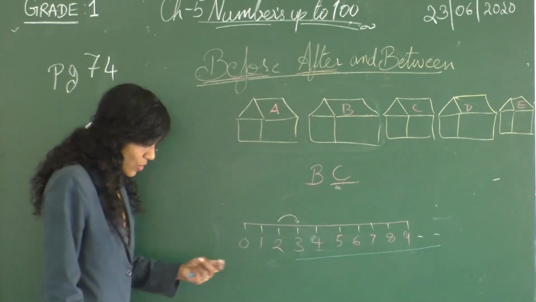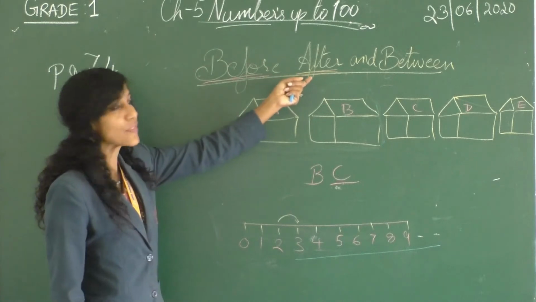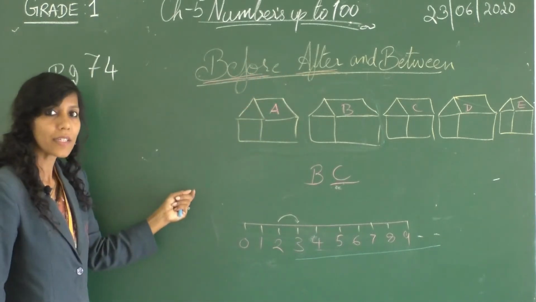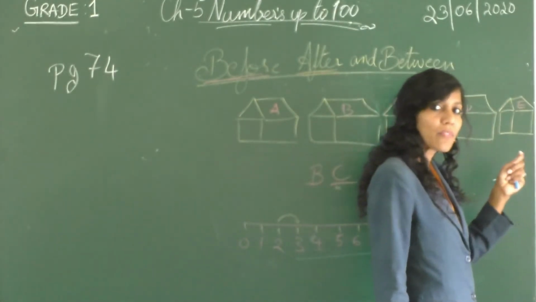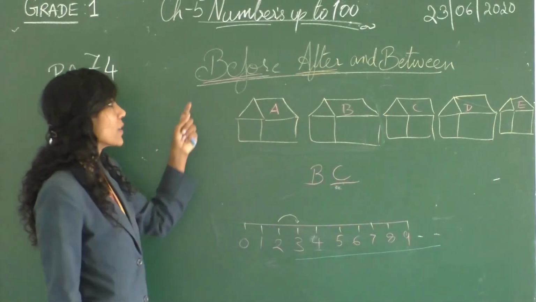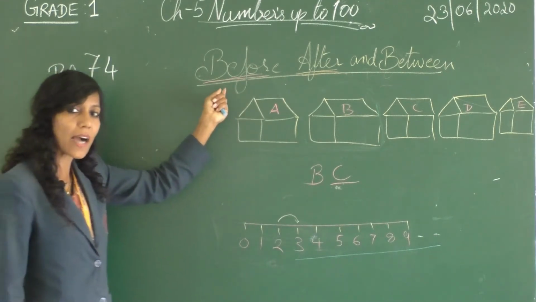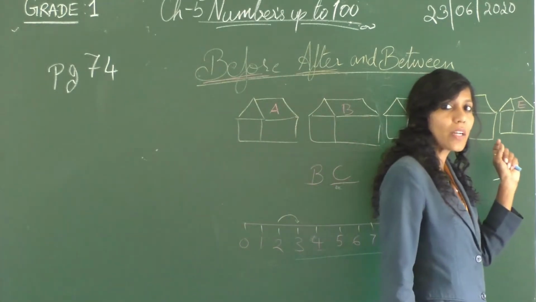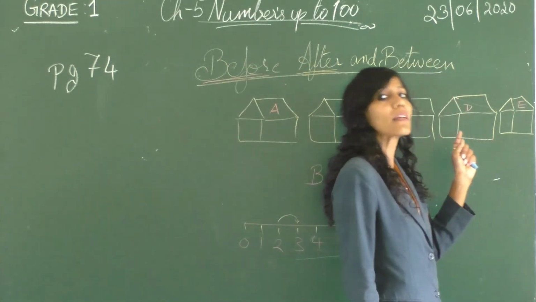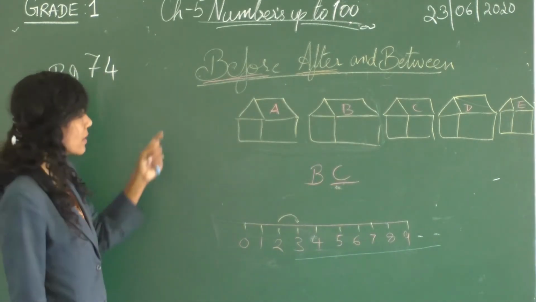Very next number. So here what are we doing? We are going front. So in after numbers we do forward counting. In before numbers we do backward counting. Difference: before, backward counting; after, forward counting. Forward counting will be for after numbers, backward counting will be for before numbers.